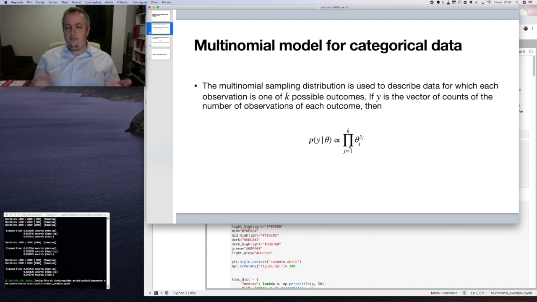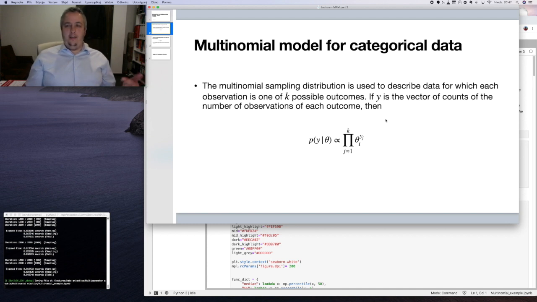Each of those events has a probability, and the number of events in each category is dependent on the probabilities and a certain number. So we have n events, where n is a sum of y's, and we have our probabilities theta i.